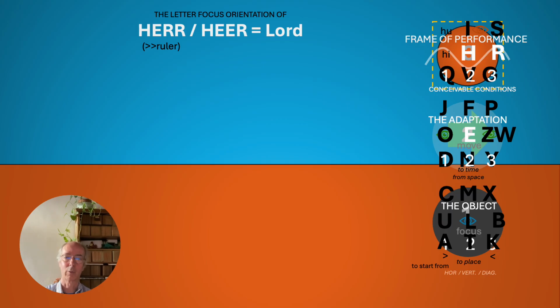The HERR in a way is more related with a ruler, like the Lord is also a kind of ruler. It's not just a person or a personal projection of a person. At the same time, it's also the Lord of something, as an identification of something or someone that rules over a certain region. That's how we understand it.